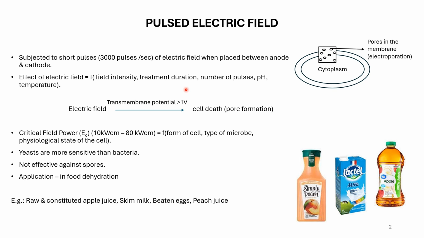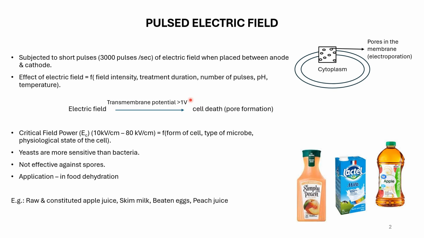The transmembrane potential is disturbed, which means that the ion channels are disturbed. As a result, when the value of the transmembrane potential is greater than 1 volt, there is pore formation in the microbial cell, ultimately resulting in cell death.